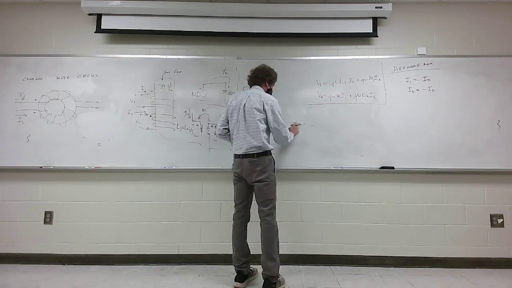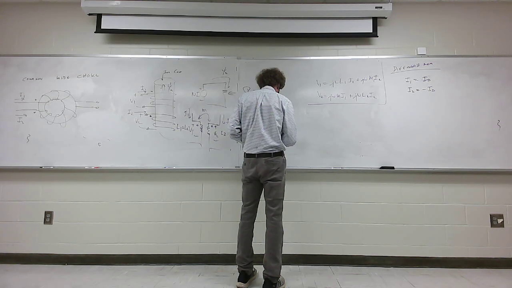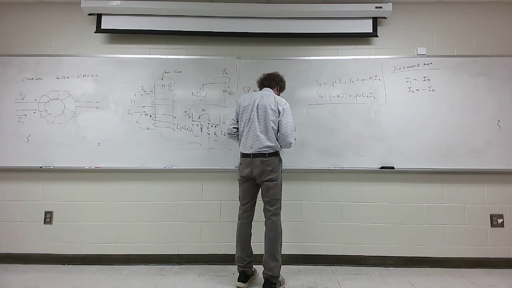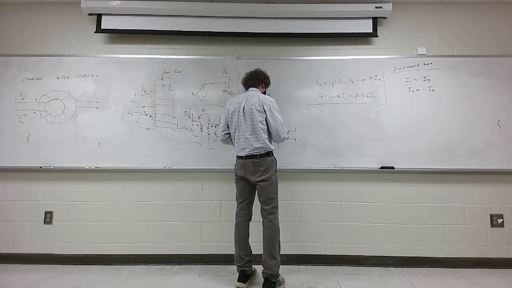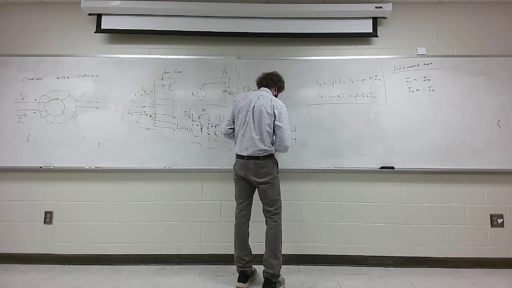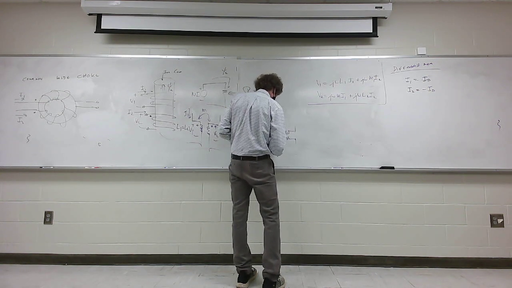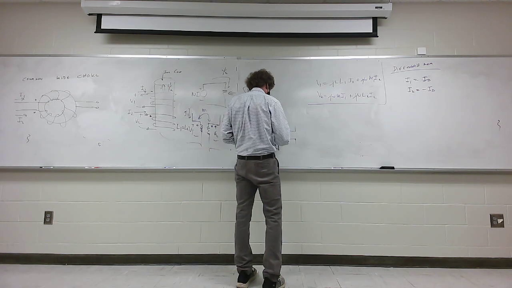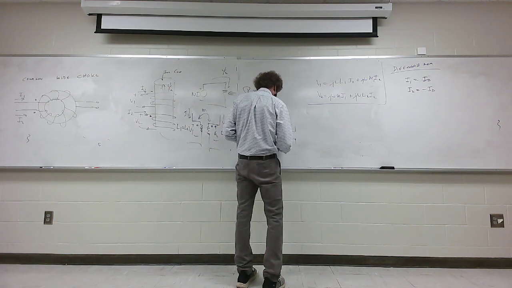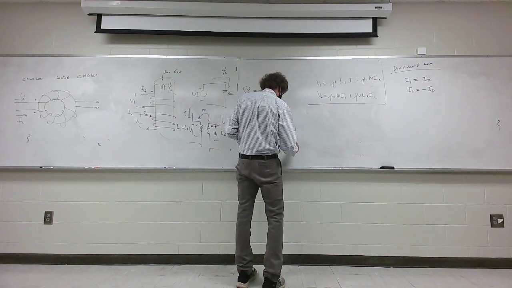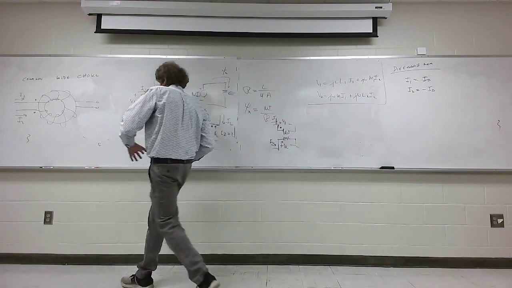So when we have a transformer like we do there, and I'm calling this I1, and I'll call this I2, and this is plus to minus V1, plus to minus V2. I'm just trying to show you this represents this.